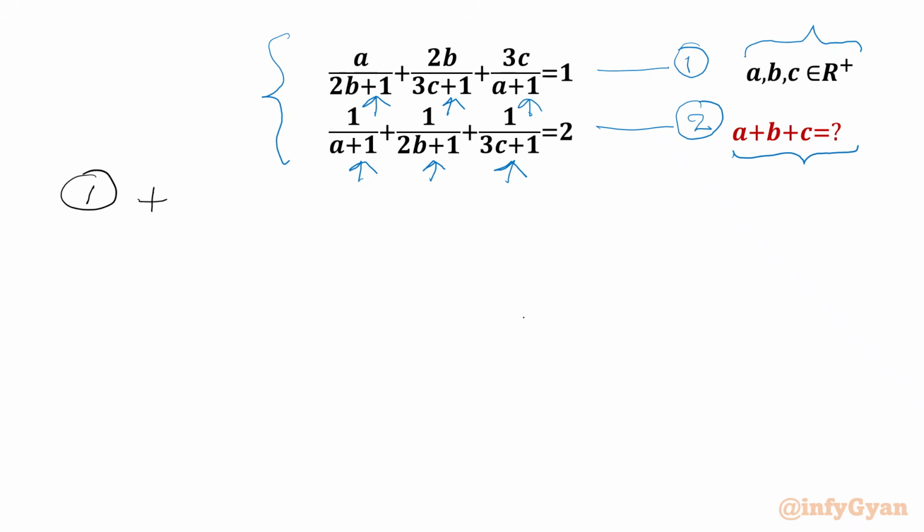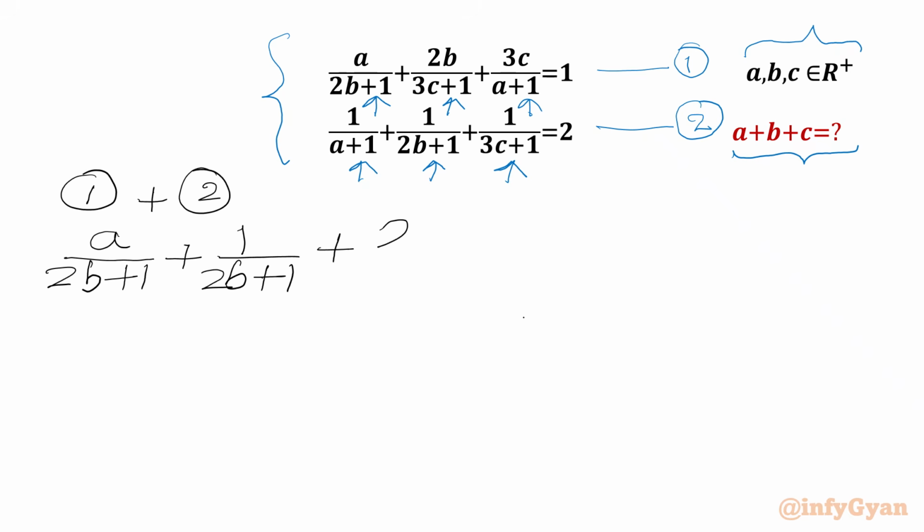1 plus 2. We'll add. So a over 2b plus 1, let's write the same denominator, so we need to write 1 over 2b plus 1. Then we'll write 2b over 3c plus 1 from the first equation, and with the same denominator in equation 2 we need to write 1 over 3c plus 1.